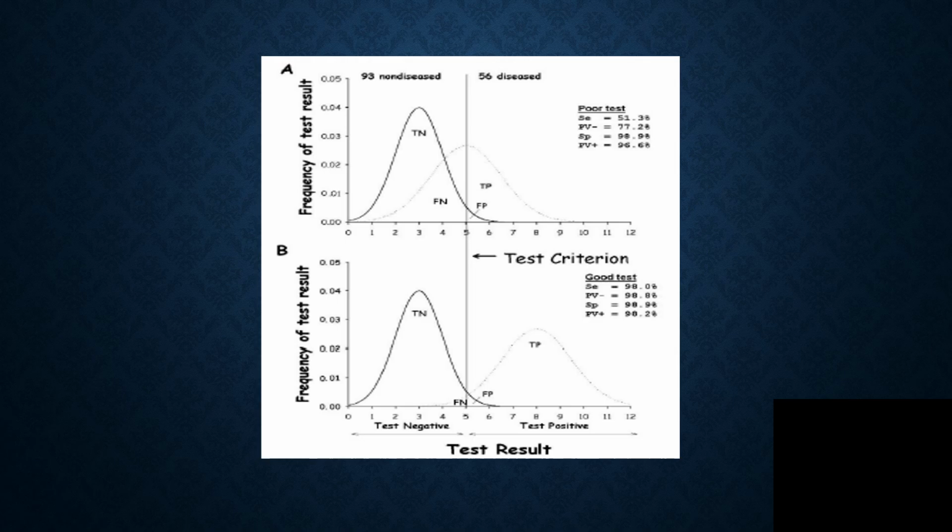So as you can see, the closer you are to 100, the more accurate test results you're going to have. And you can also see through the graph that there's a big overlap in figure A compared to figure B. And so that's another way how you can see that figure A is going to be poorly tested compared to figure B.